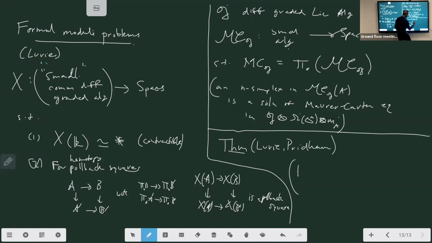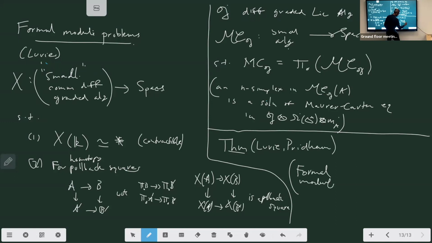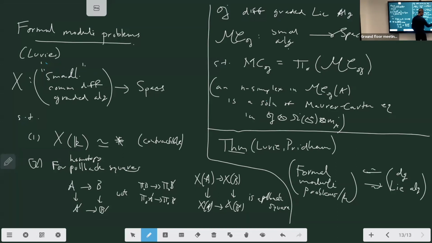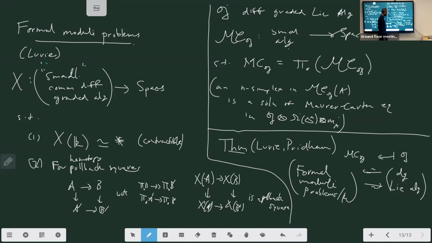That formal moduli problems are actually equivalent to differential graded Lie algebras. In other words, for every formal moduli problem, there is a differential graded Lie algebra. And in this direction, the construction takes G to this curly MC of G. And in the other direction, given a formal moduli problem, since my functors map to spaces, and these spaces come with a natural base point, I can take the loop space of that space.